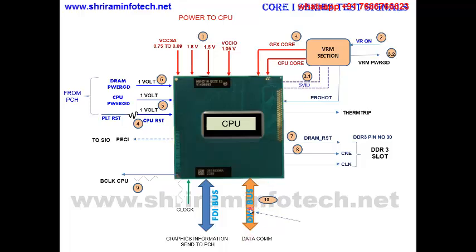And there is a separate pipeline for the graphics, not integrated into this traffic. There is a separate route taken out for the graphics signal, called the FDI, Flexible Display Interface. This is another communication protocol between the processor and the PCH for the graphics information.